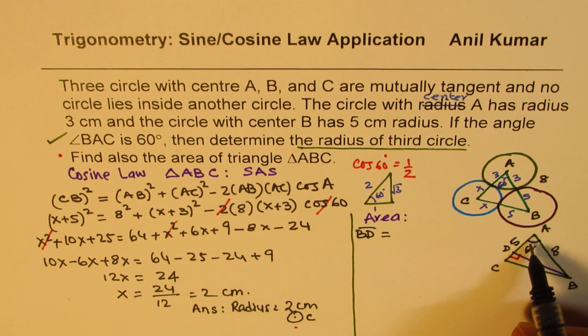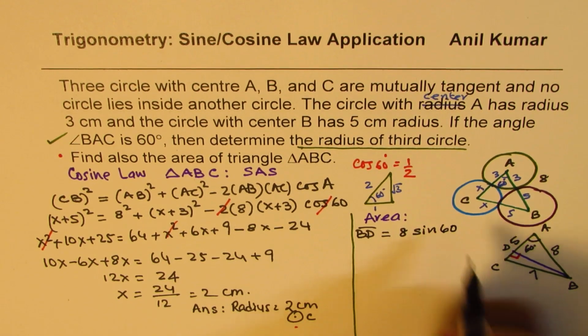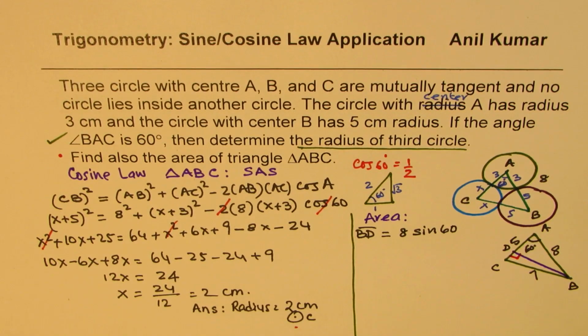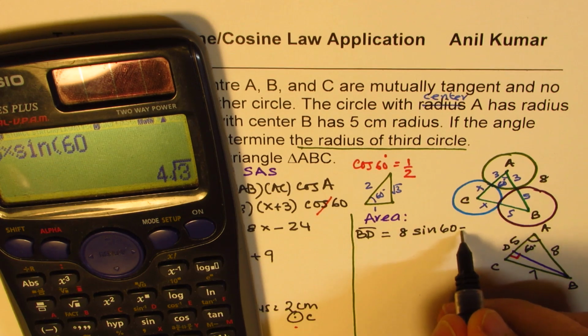Now if you look at this triangle, then the hypotenuse is 8 and that angle is 60 degrees. So BD is equal to 8 times sine of 60 degrees, which is square root 3 over 2, which is 4 square root 3 for us.